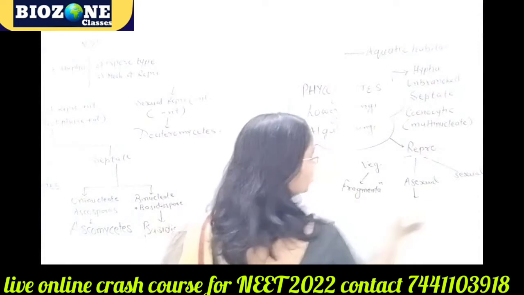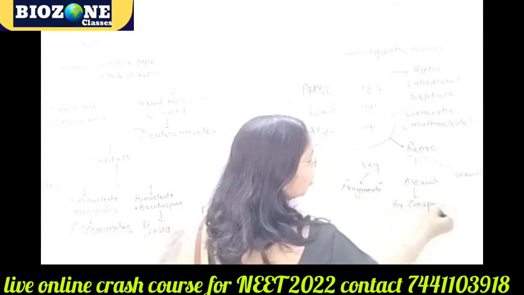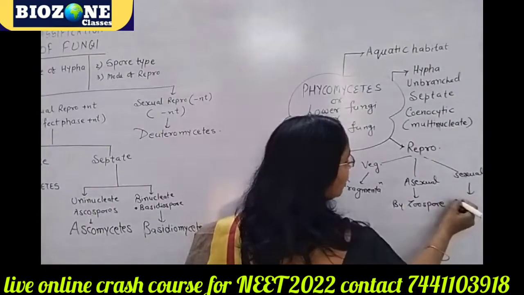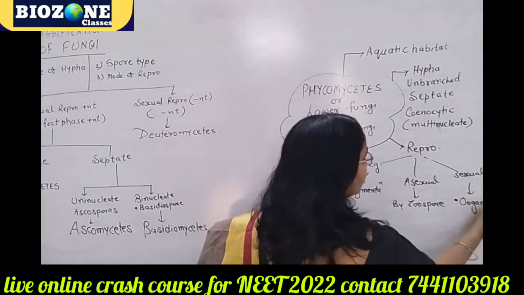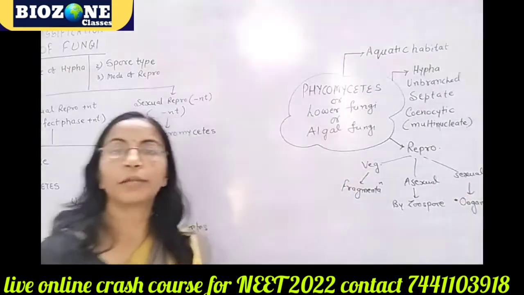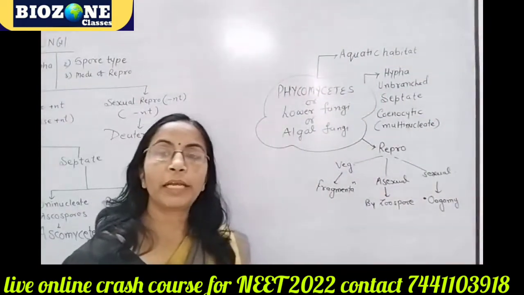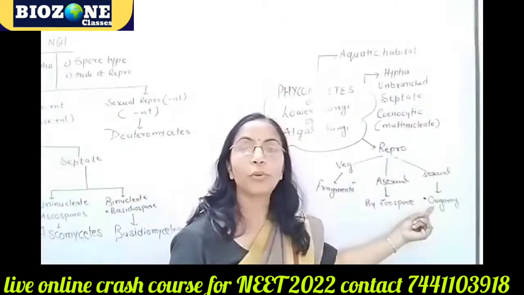Asexual reproduction takes place by zoospore, and sexual reproduction basically takes place by oogamete. Generally, books say that all the three modes are present, that is isogamy, anisogamy, and oogamy. But predominantly, you remember oogamy is the main mode of reproduction.